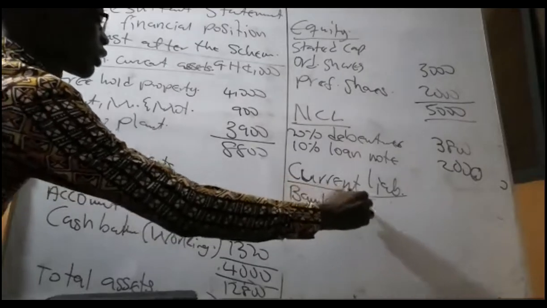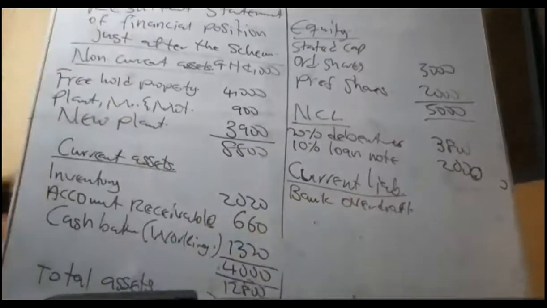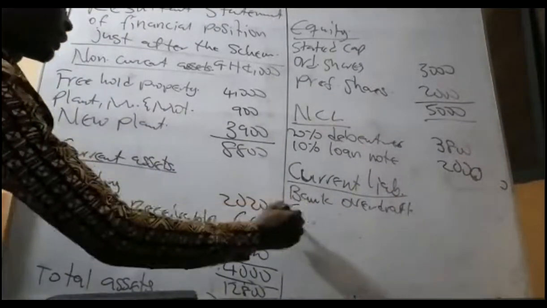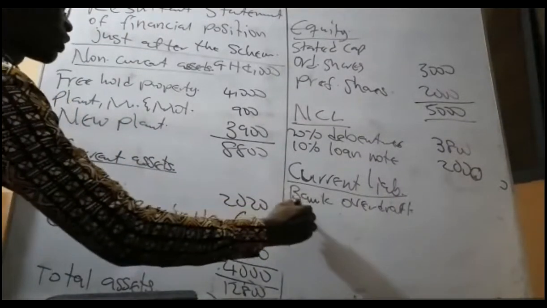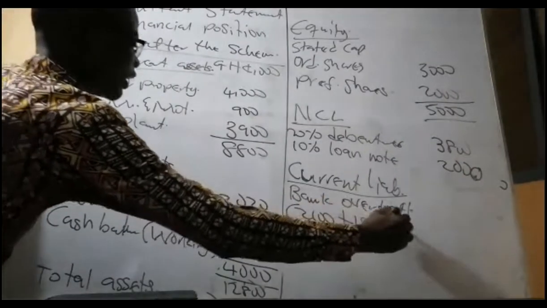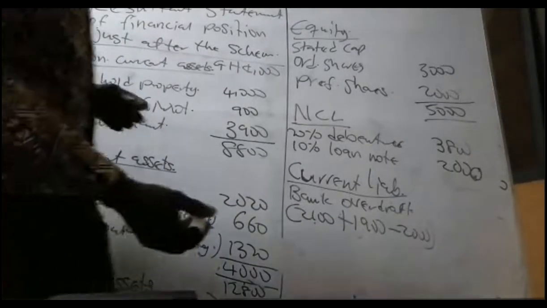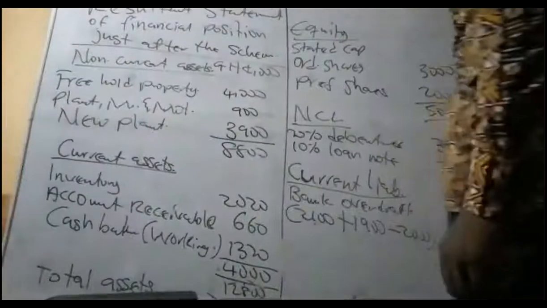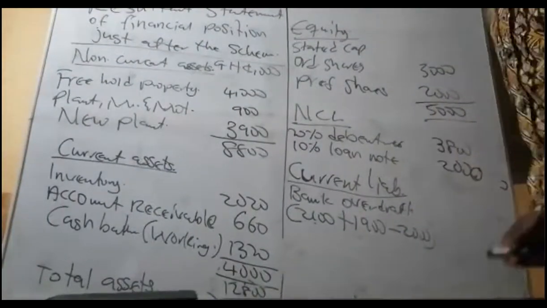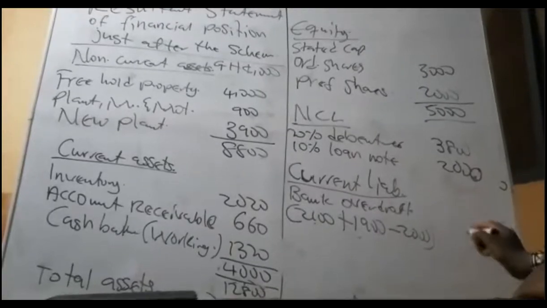They had 2,100. We took additional 1,000. Then we took 2,000 out. The bank overdraft left will be 2,000. Agreed. So here will be 2,000.